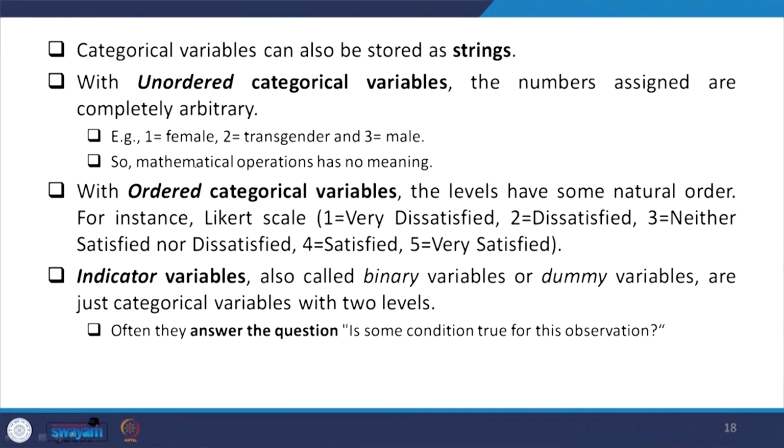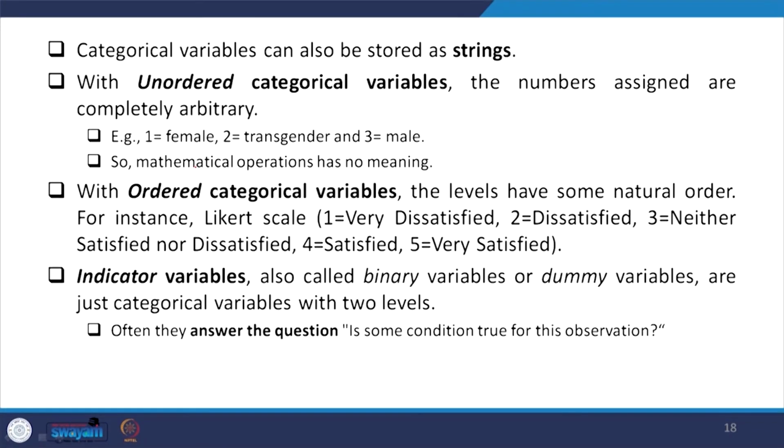Now, with unordered categorical variables, if it is unordered, the numbers assigned are completely arbitrary, like 1 or 2 for gender, as I have already mentioned. So, mathematical operation has no meaning.